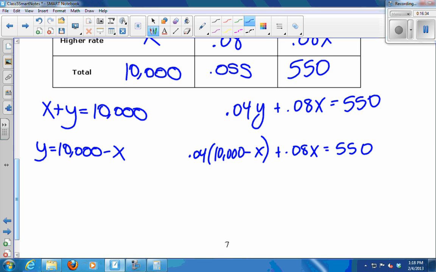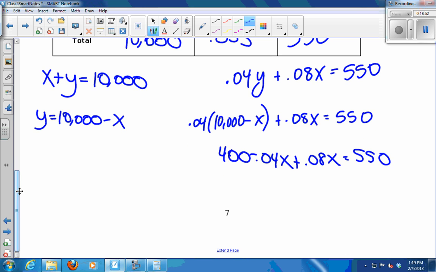So 0.04 times 10,000 is 400. So 400 minus 0.04x plus 0.08x equals 550. Combine the like terms there, and I have 400 plus 0.04x equals 550.